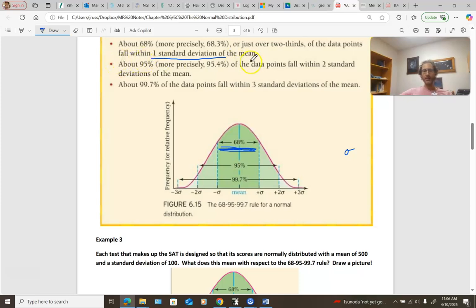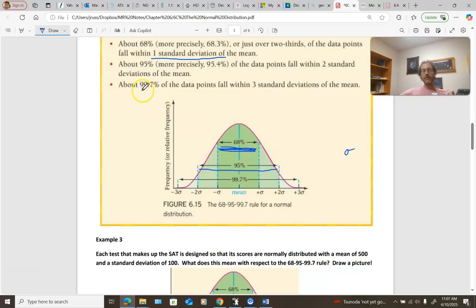About 95% of your data points are going to fall within two standard deviations of the mean. So look at this: from 2 standard deviations below the mean, down here, all the way up to 2 standard deviations above the mean, you're going to have the majority of the data, 95% of the data set.